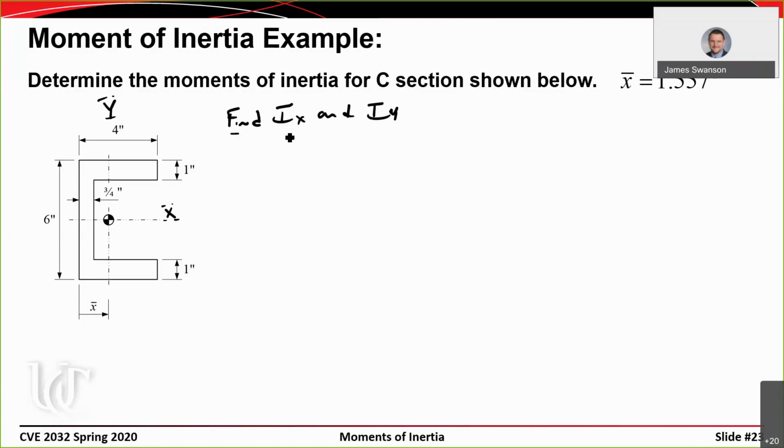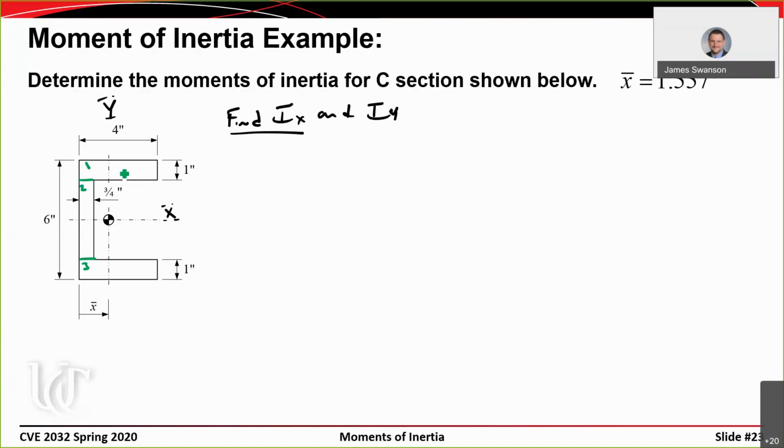So we'll do that. And what I'm going to do is look at this a couple of different ways. The first thing I'm going to do is break it down into 3 areas like this. So I'm going to have area number 1 there, area number 2 there, and area number 3 there. And then I'm going to take the moment of inertia of each of those.